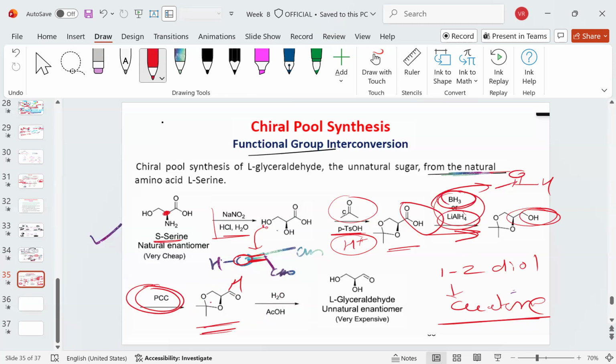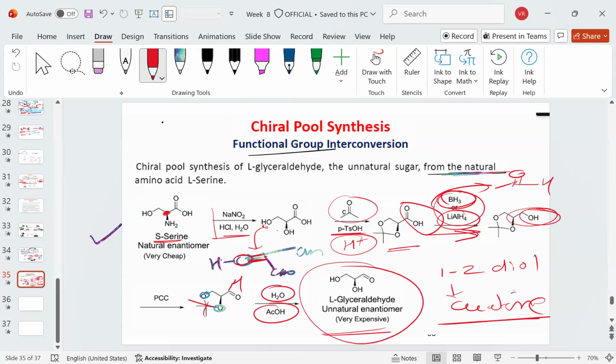We can deprotect this. Whatever the protected alcohol, this was the alcohol protection, we can deprotect by using the water and acetic acid. Just stirring at room temperature with the water and acetic acid, we can get this aldehyde back.